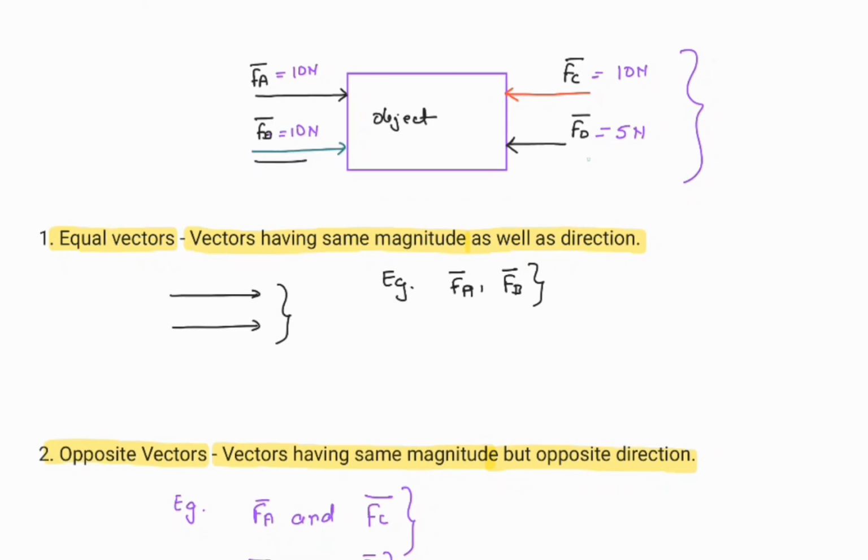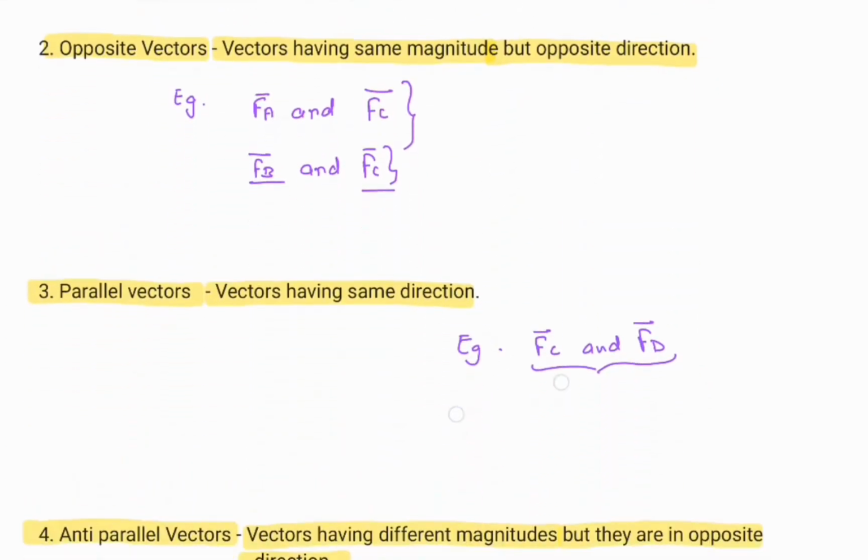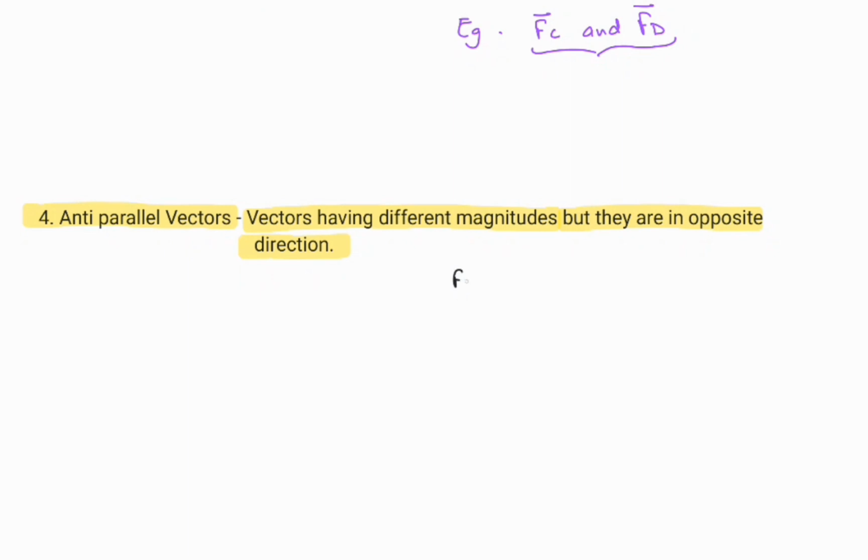They are just opposite to each other and having a different magnitude. F of B and F of D having a different magnitude and opposite direction are known as anti-parallel vectors.